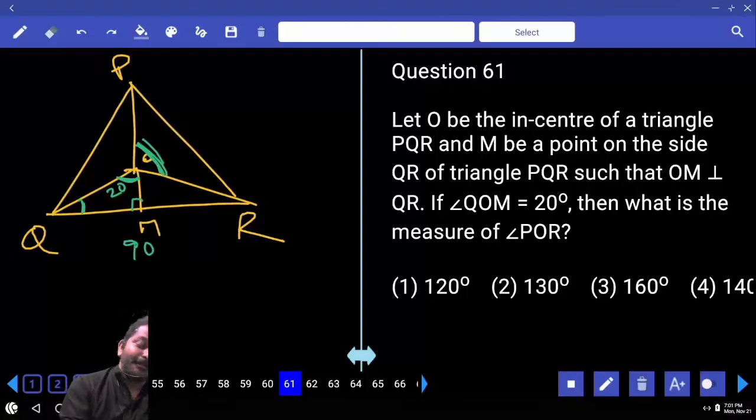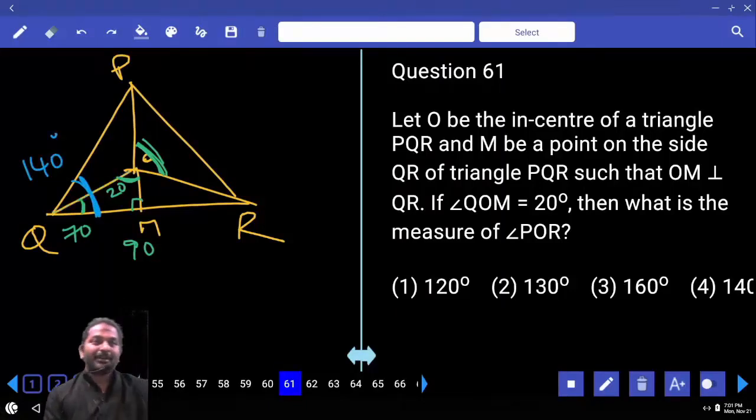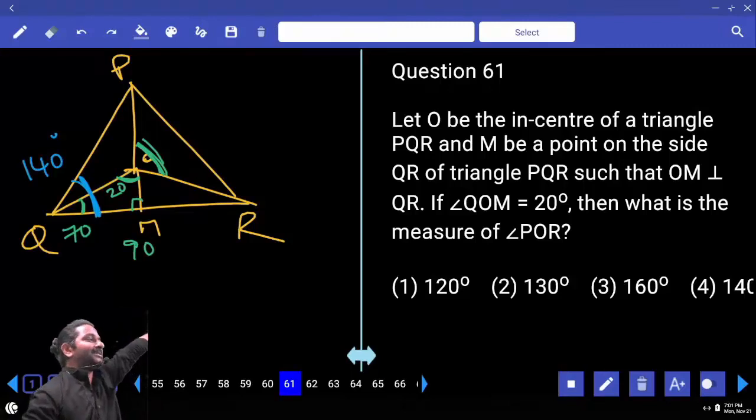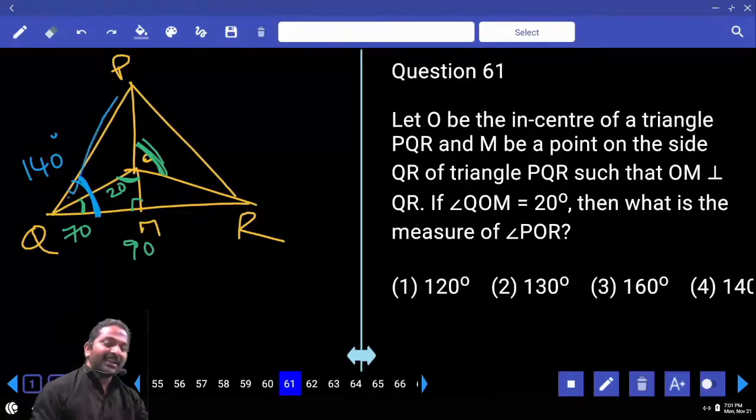Okay. If QOM is 20, angle at M is 90, OQM angle, can you tell me what is the total angle that it makes at Q? That is 140, because this is a median, right? So if the lower angle is 70, the upper angle is 70. Here it is 70, so the total angle is 140.